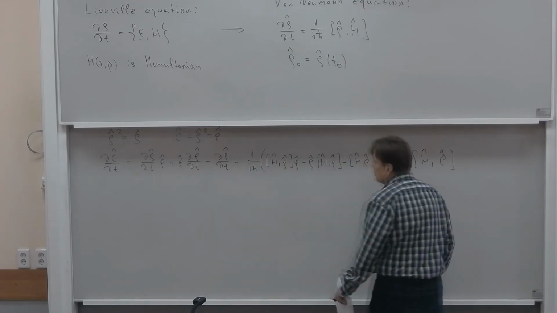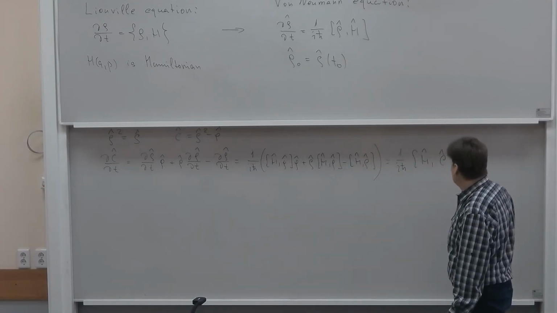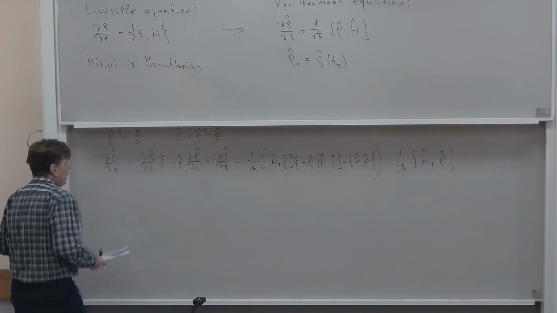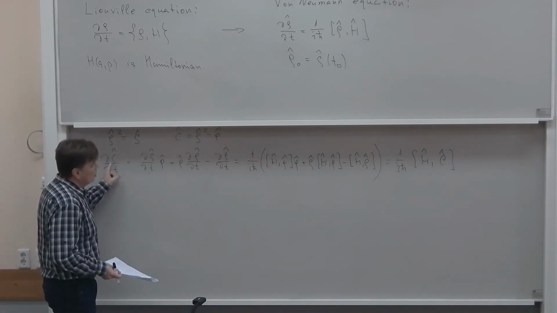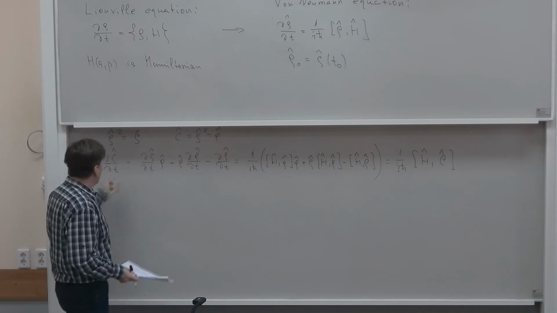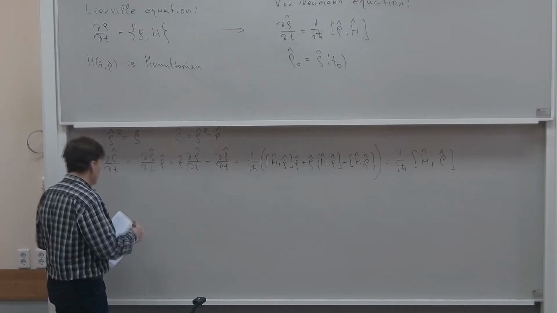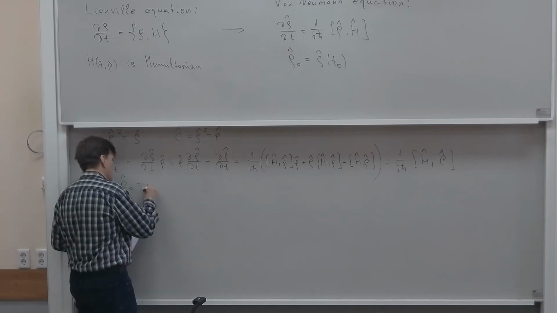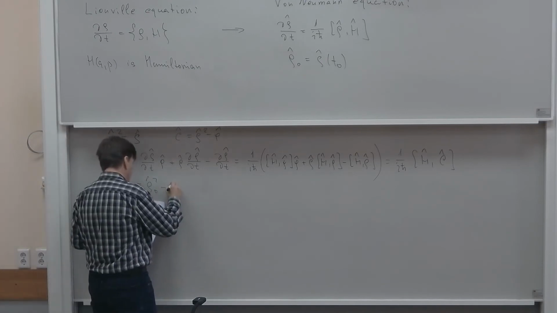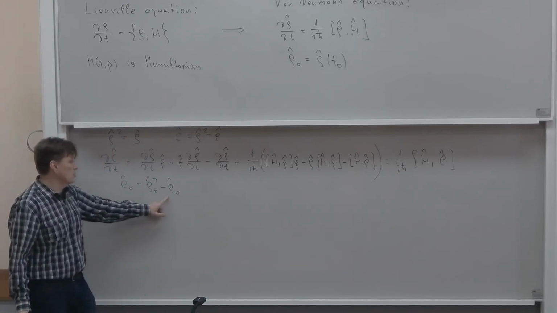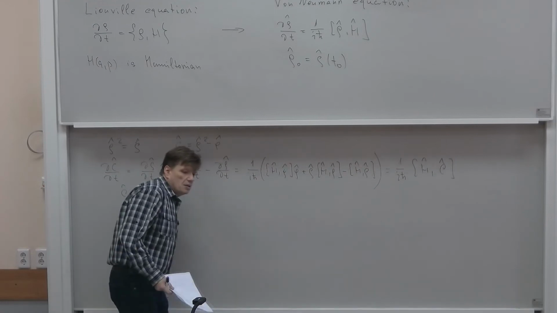And okay, C. Again, we have a first order linear equation for the operator C, subject to the zero initial condition. The initial state rho is supposed to be a pure state, so it satisfies the idempotency condition.